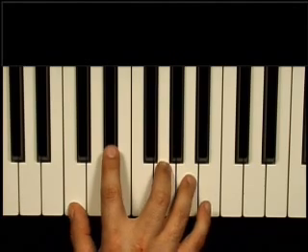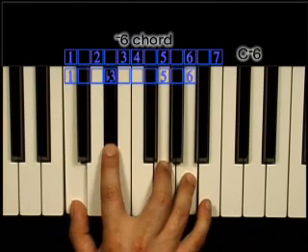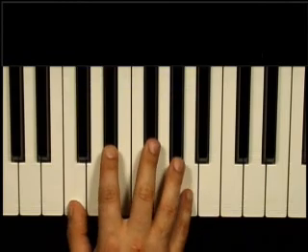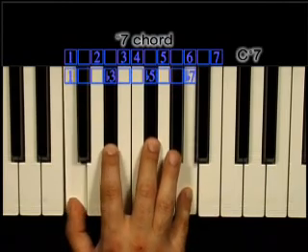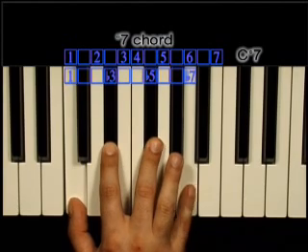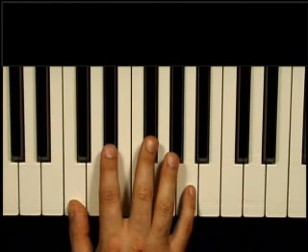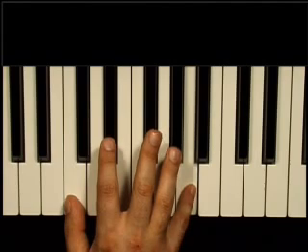This is a minor 6. 1, flat 3, 5, 6. The next is the diminished 7th. 1, flat 3, flat 5, double flat 7. The diminished 7th is sometimes considered part of the 6th family because the double flat 7 is the same as a 6th.